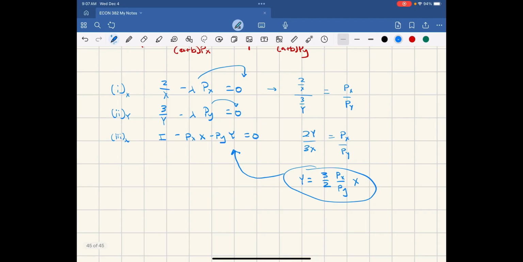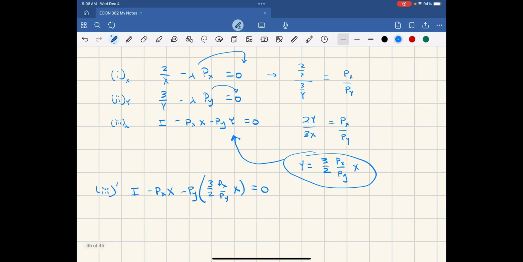And so now the budget constraint is only a function of x. So now it is income minus pxx minus py times 3/2 px over py x equals 0. And so this is where we would cancel things out and work forward.